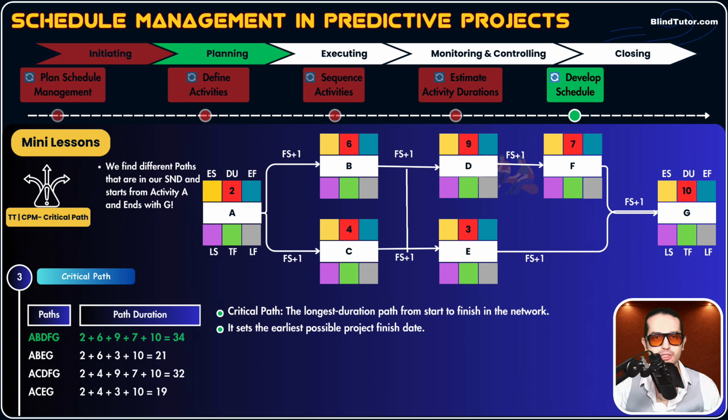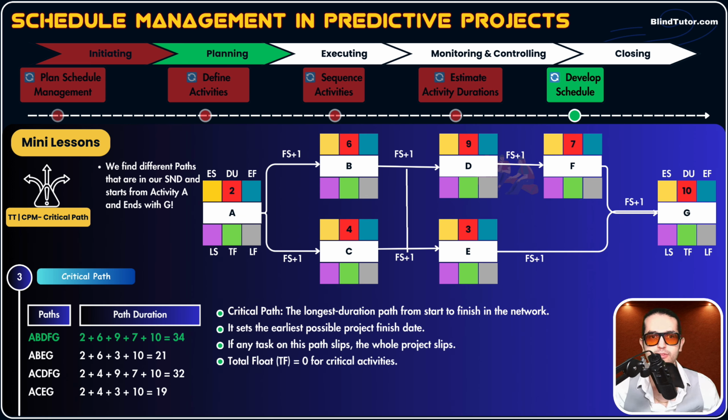Guys, another point about critical path. Any activities that are on critical path, so what activities are in our critical path? A, B, D, F, G. So C and E are not in our critical path. All activities that are in our critical path have TF of 0, total float of 0.